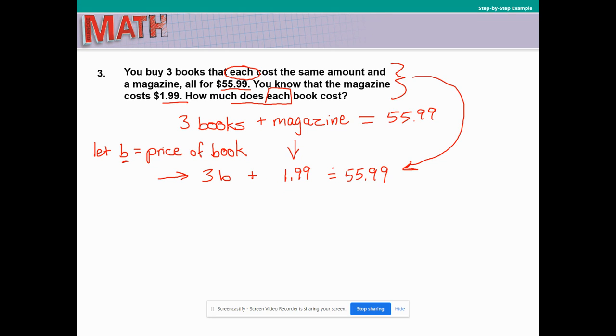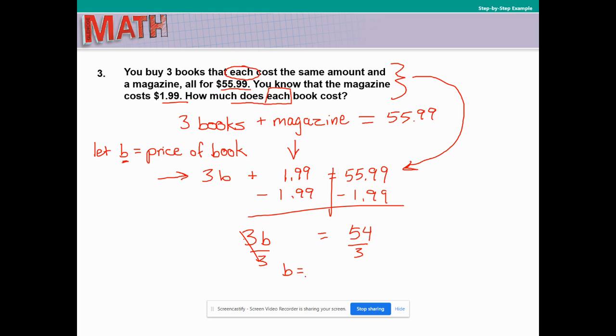So let's go ahead and start. Let's take away the outside in number, subtract 1.99. And we're going to get $54 equals 3 times the cost of a book, because we bought 3 books for the $54 that are left. So I would divide it by 3.